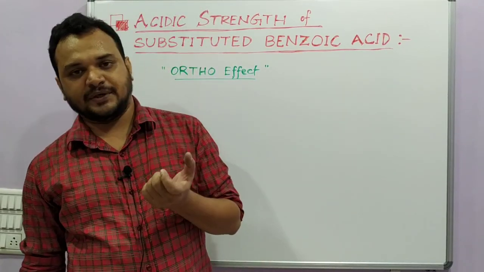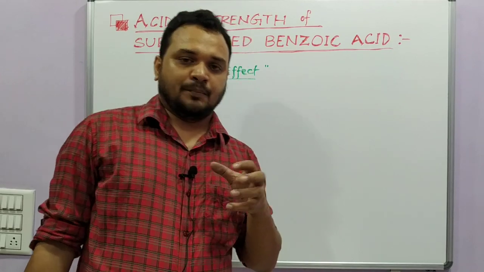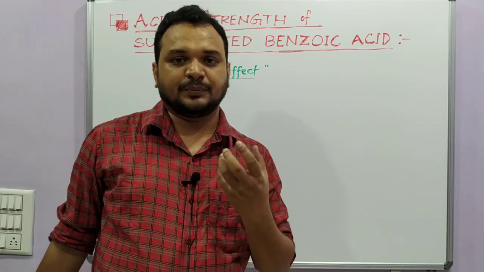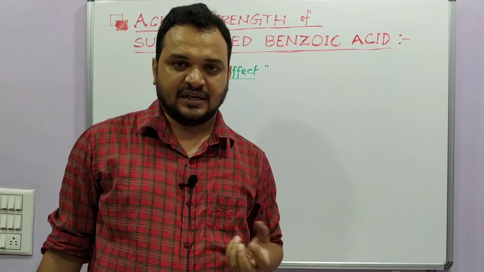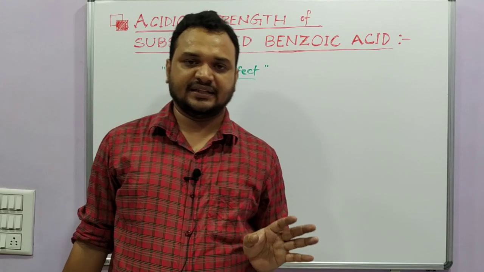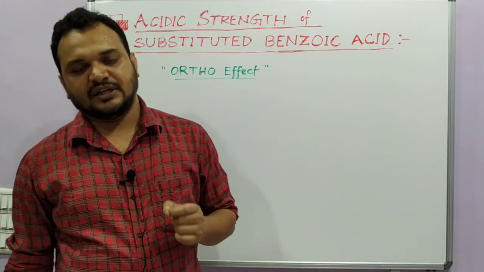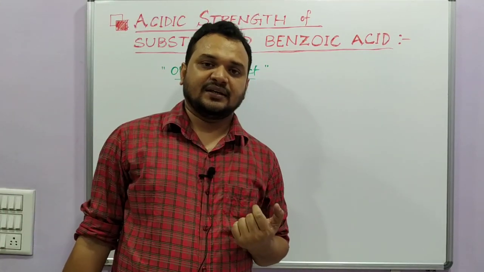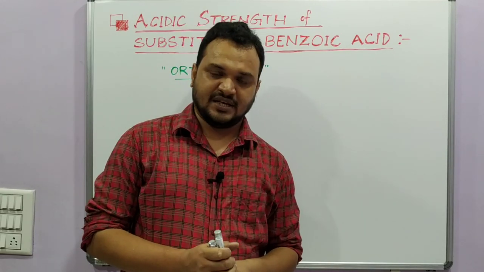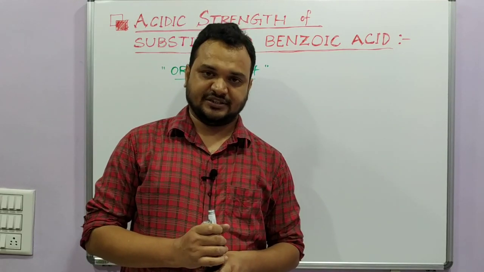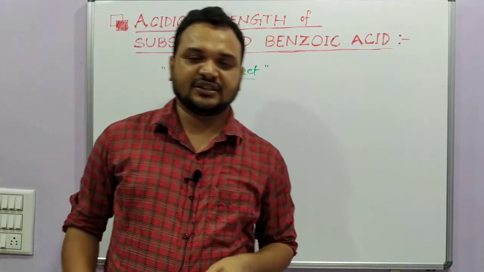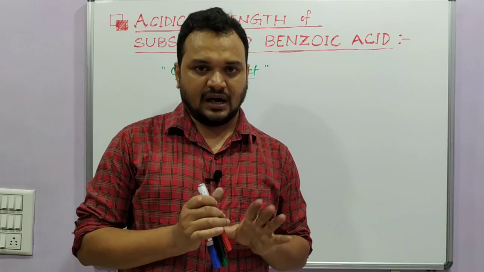In a very small space, if you try to accommodate many large groups, they interact with each other just because of occupancy of space. It is not at all an electrostatic interaction. Simply because of deficiency of space they interact, and that repulsive interaction is known as steric interaction. In ortho effect also this steric interaction plays a key role. How? Let us see.